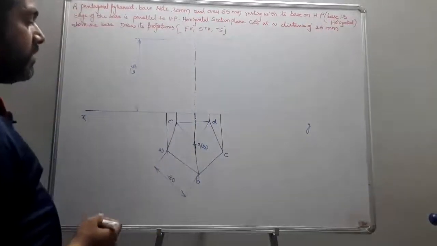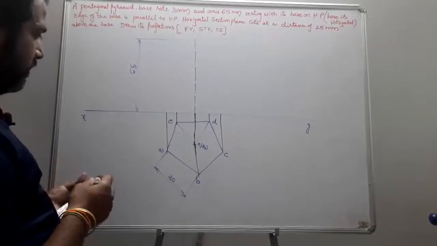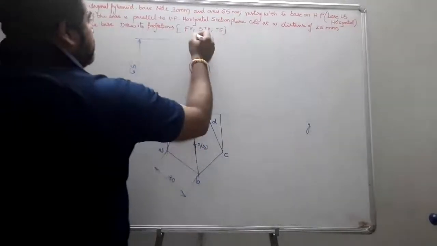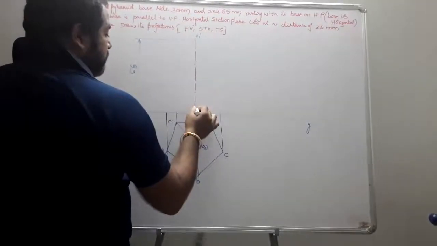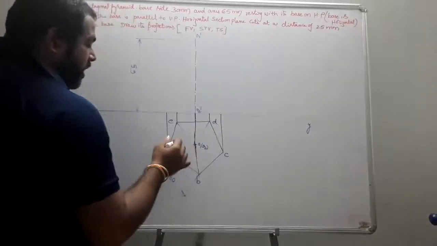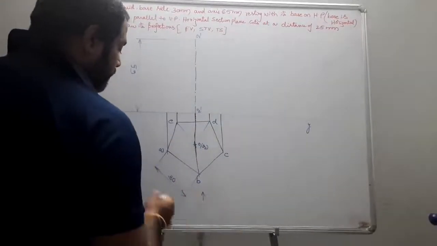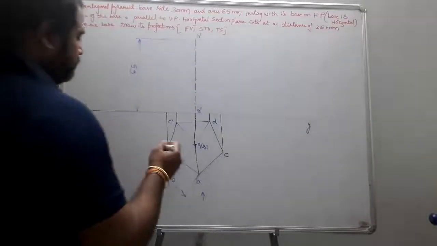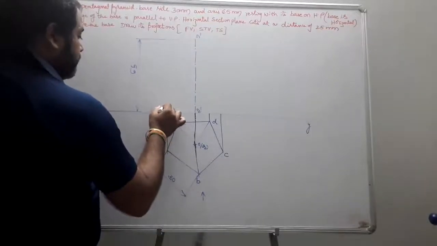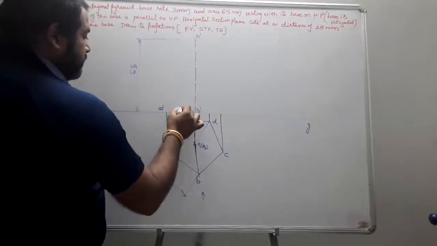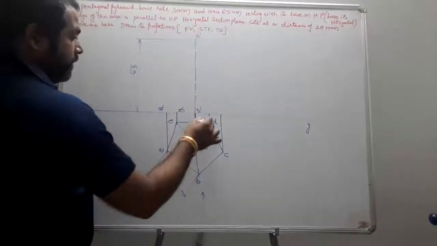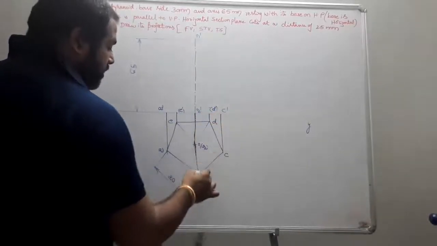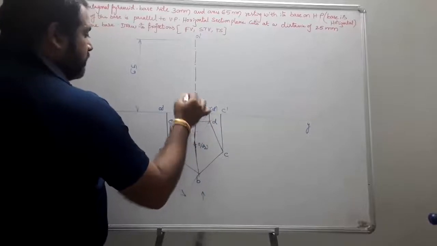While viewing from the front, the apex is going to be visible. So this is O1 dash, this is O2 dash, and the front view points are: this was A dash, this was E dash in bracket, this was D dash in bracket, this was C dash, and this was the visible point, B dash.